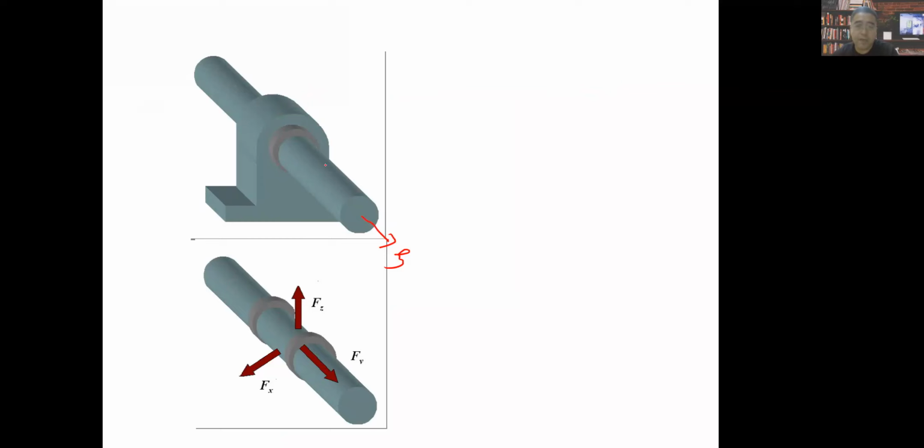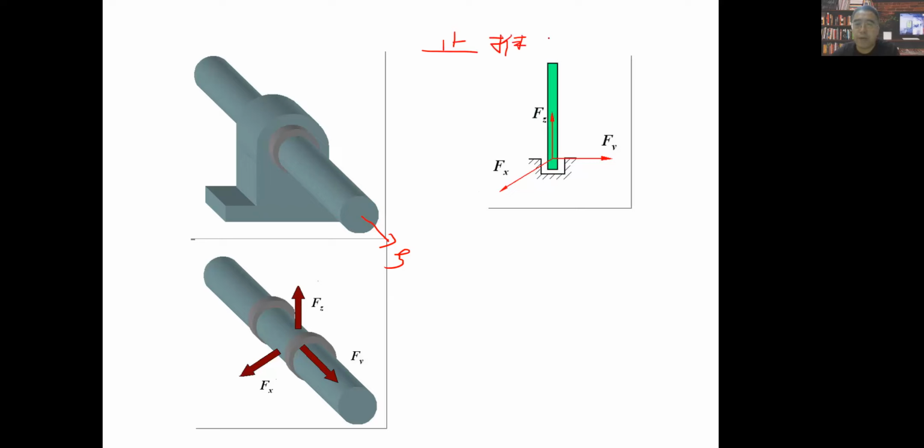But if this shaft tries to move along this direction or this direction, these three kinds of movement are all constrained, you know? So you only need to know this. So this is a thrust bearing. In Chinese, we call that 止推. 止 means stop, 推 means push. Bearing is 轴承, right? 止推轴承.